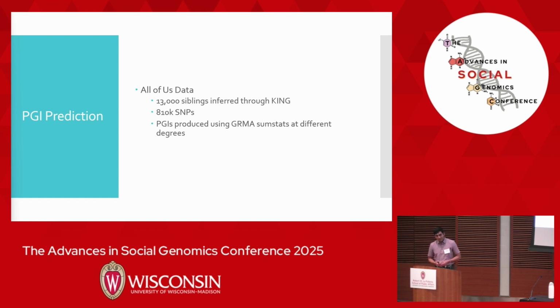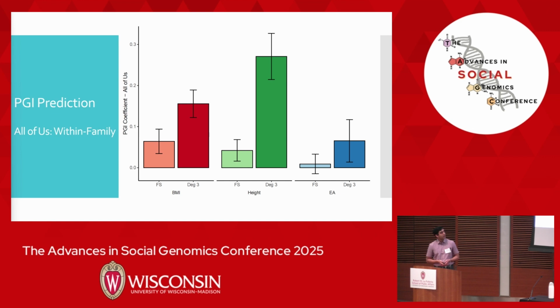Given these increases in precision and power, we wanted to see how PGIs constructed using GRAMMA summary statistics would perform. We did this using the All of Us data set. We ran KING in the All of Us data set to find 13,000 siblings, and produced PGIs using GRAMMA summary statistics at the different relatedness thresholds using the All of Us genotypes.